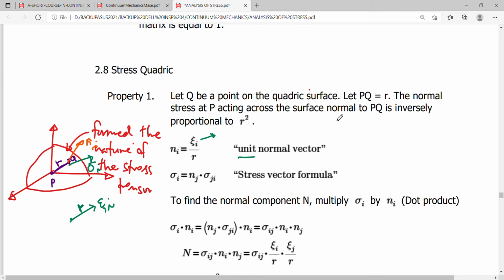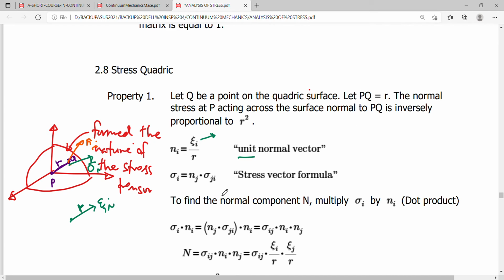The unit normal vector is of the same direction as the direction vector xi, because here it is stated that the normal stress at the point P acting across the surface normal to PQ is in the same direction as the direction vector from which your normal vector was derived.